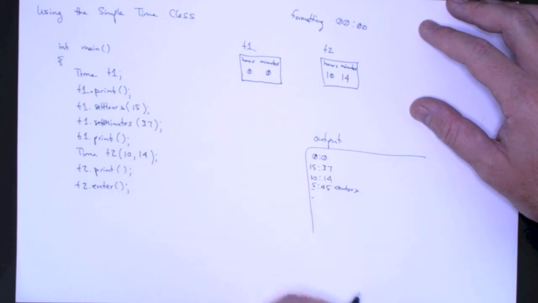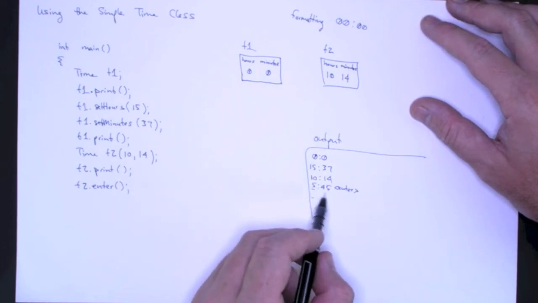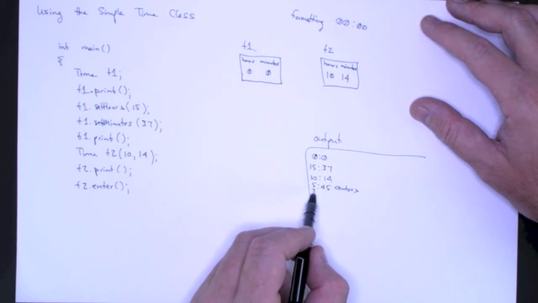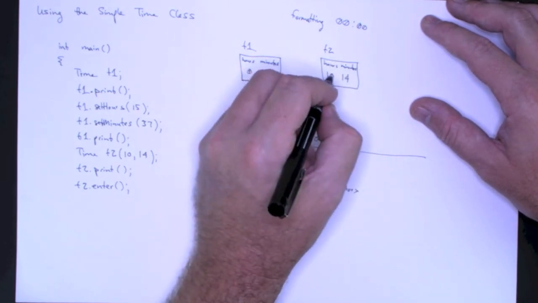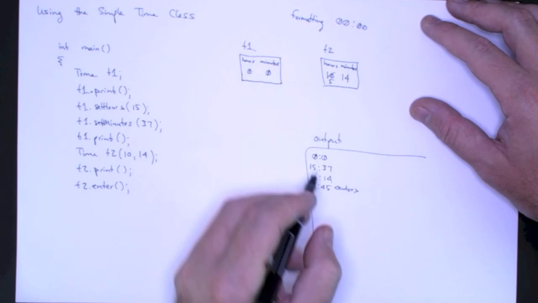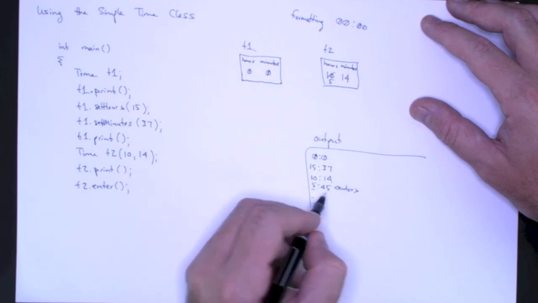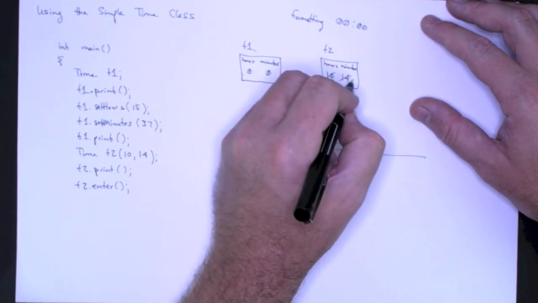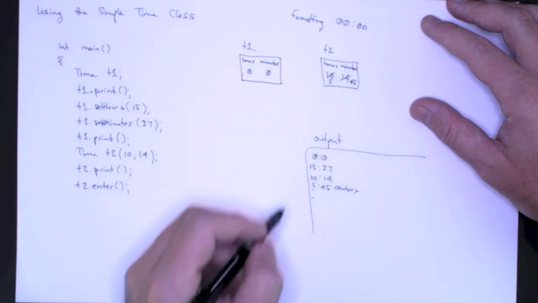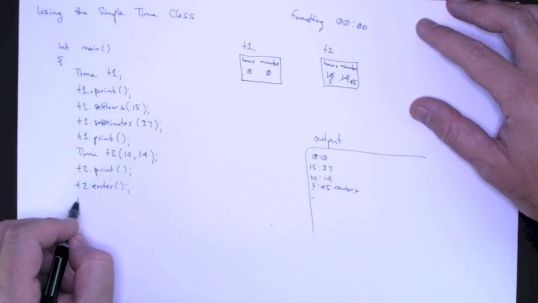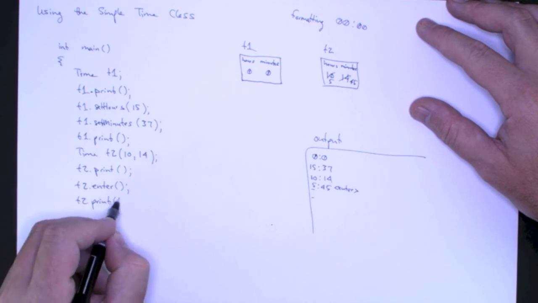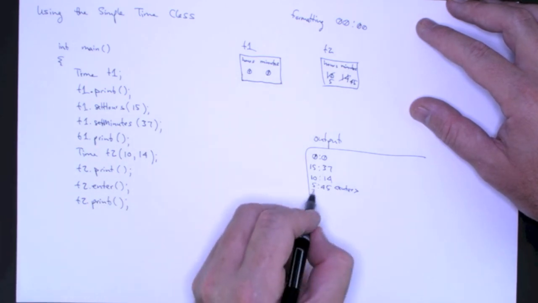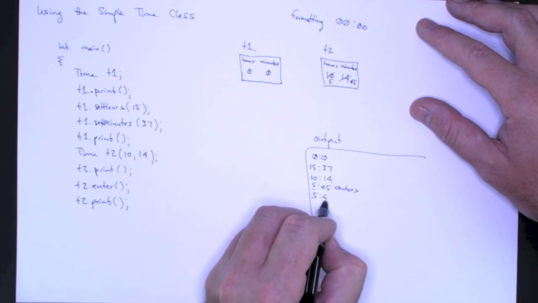My little cursor will go here. And the enter method will extract 5 and store it in hours. It will read the colon, and then it will read 45 and store it as minutes. So now when I say t2.print, I will see again 5:45.